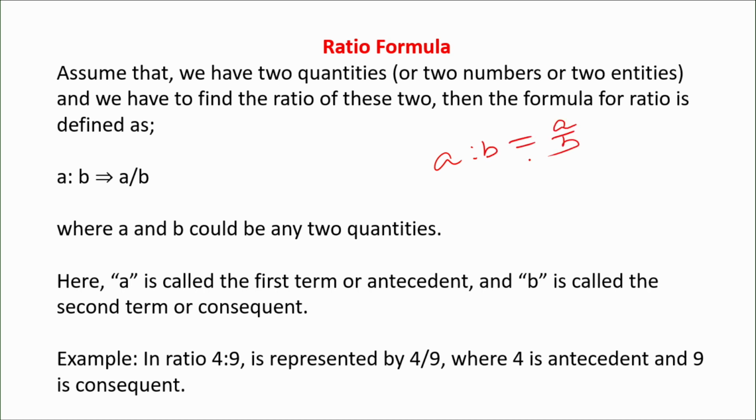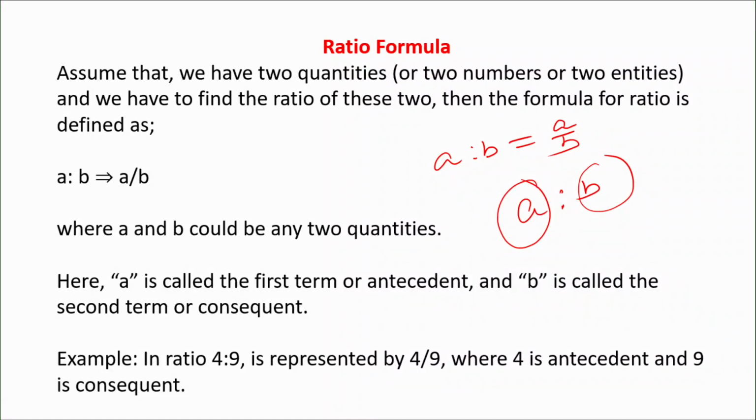Where A and B could be any two quantities of the same kind. Here the terminology is very important. In A is to B, the first term is called the antecedent and the second term is called the consequent. So, this terminology is very important, antecedent and consequent. We have to know which is the first term and the second term.